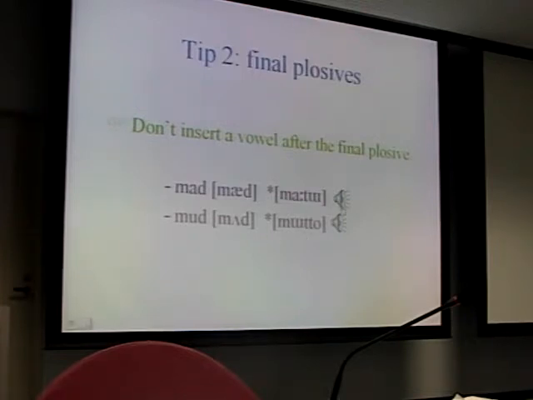It is pronounced as a voiceless consonant, mad. Yeah, this mud is pronounced as muddo. It is a geminated consonant, and it is pronounced with the vowel o.